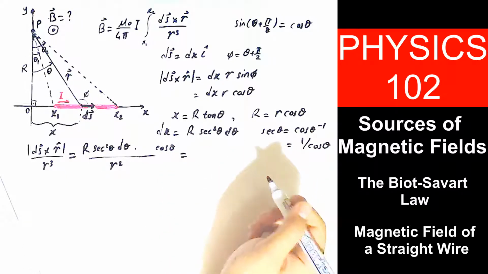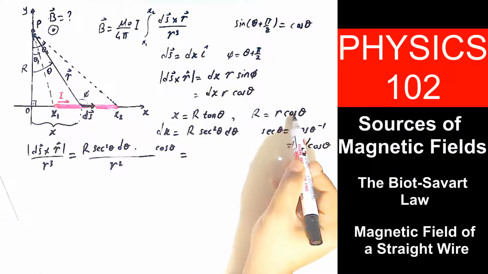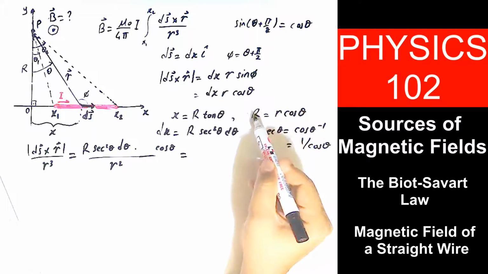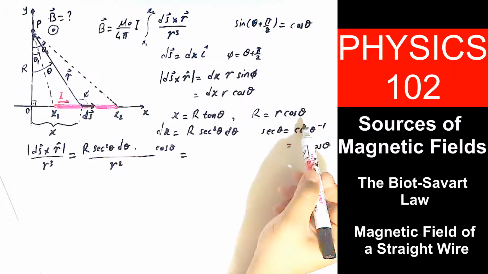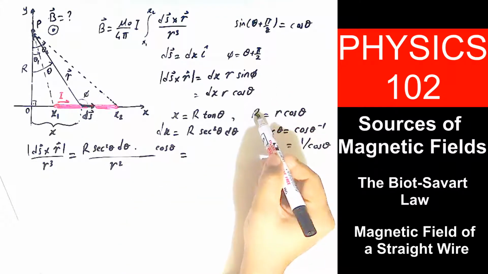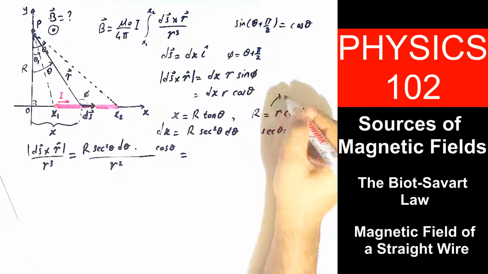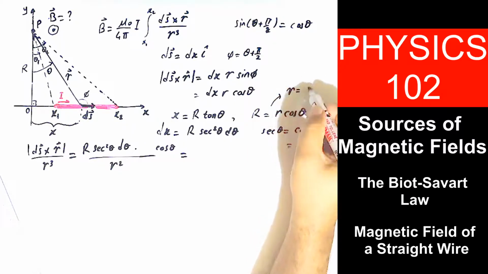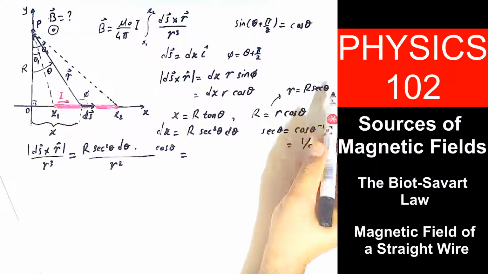If you work through all of this, and use this second identity, small r is equal to capital R times secant theta. So r square is going to be capital R square secant square theta.